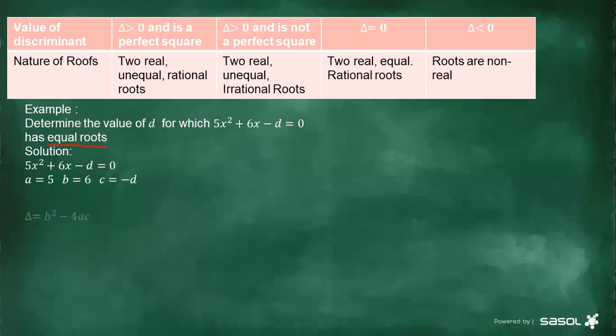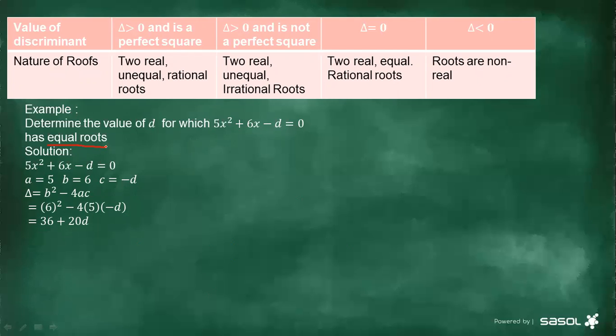Then you calculate the delta. Delta equals b squared minus 4ac. Substituting the values, we have 36 plus 20d.